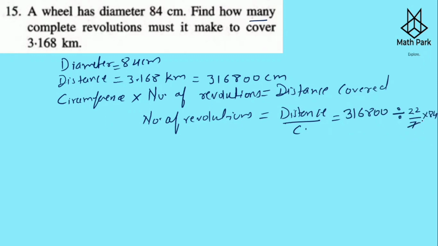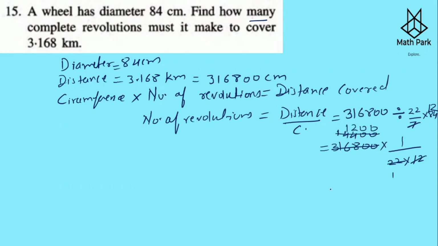So this can be simplified. 316800 into 1 upon 22 times 12. If you divide 316800 by 22, 22 fours are 88, you get 14400, and 14400 divided by 12, 12 12s are 144.